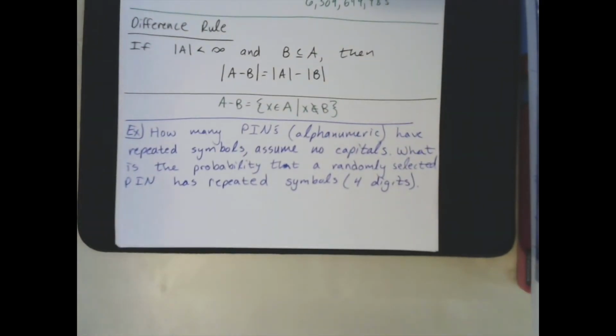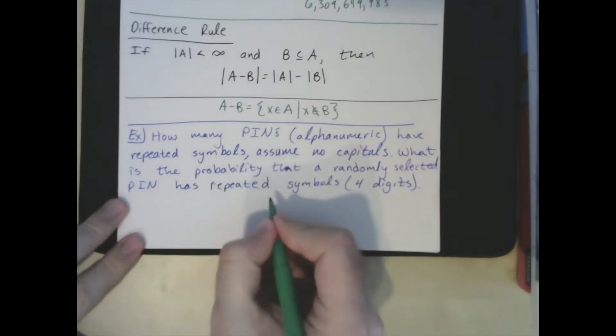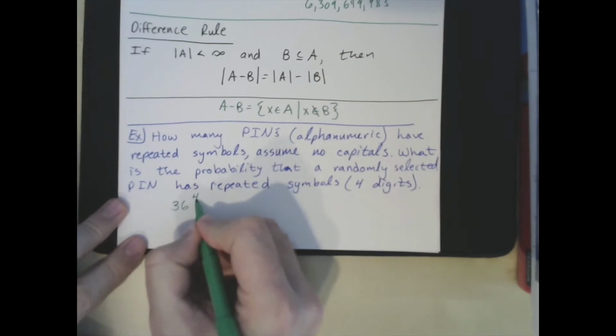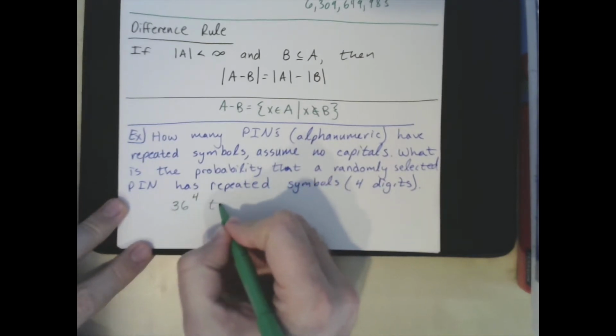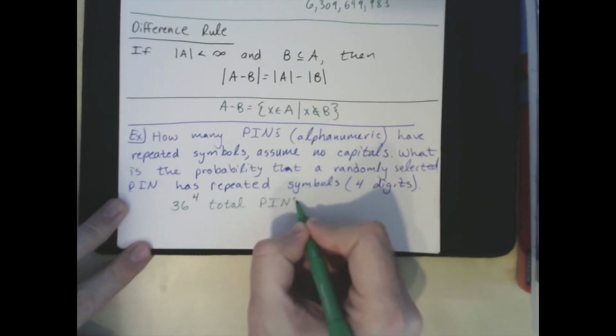So we need to know 2 things. We need to know how many total pins there are, which we calculated in a previous section, and we need to know how many total pins there are that are unique. In other words, they don't have any repeated digits. So if we have a 4-digit code, we have 36 to the 4th total pins, allowing for repetition.